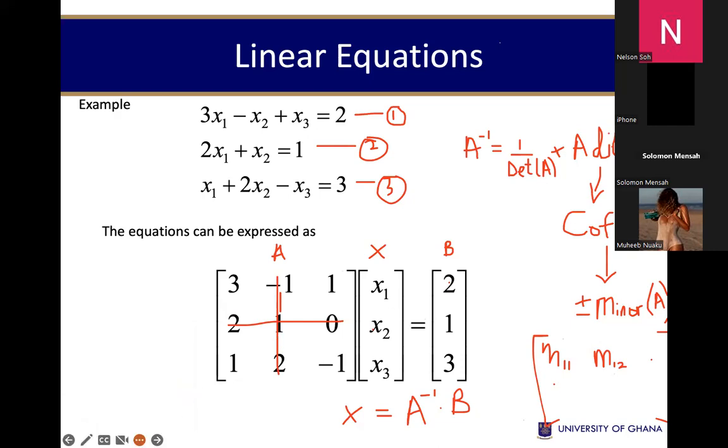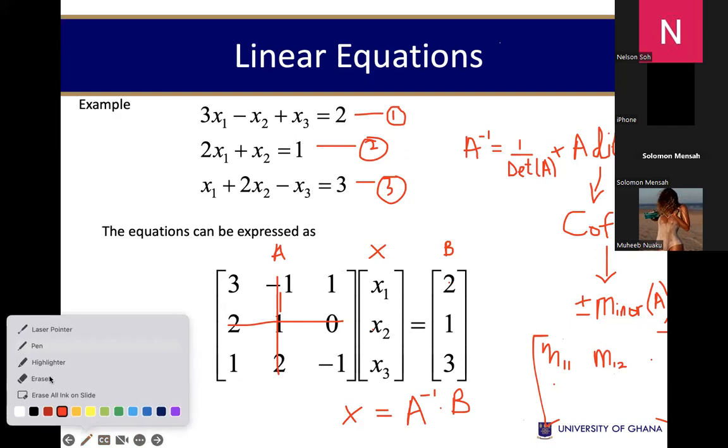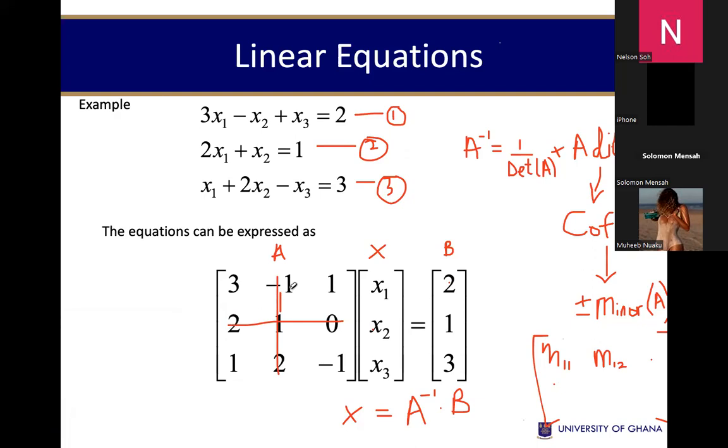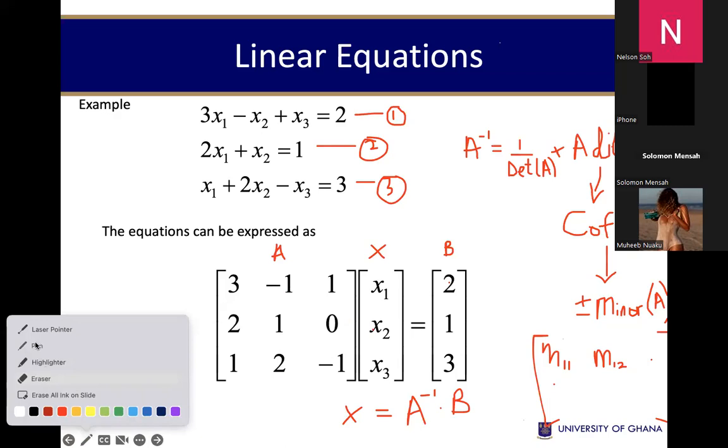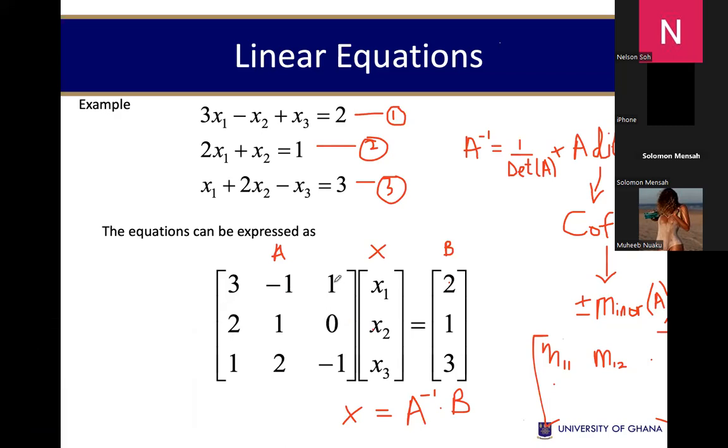Then I go ahead and do the same for the next one, and that's expected to give me M23. So I cross here, then I have 3, -1, 1, 2, and that should give me M31 here.